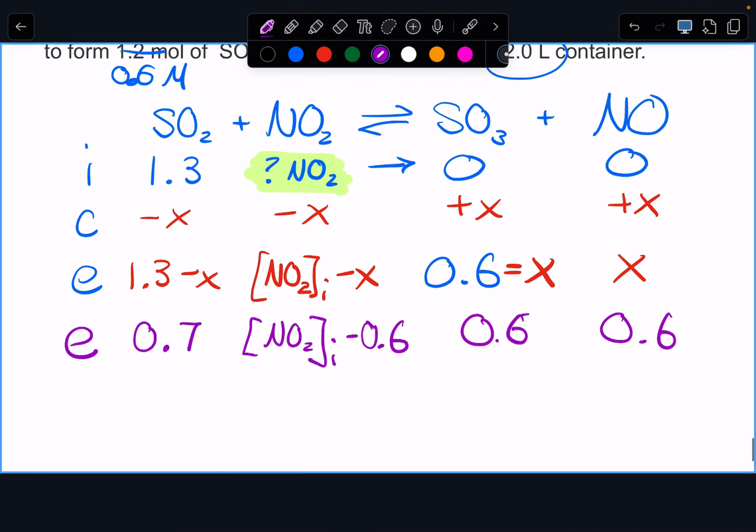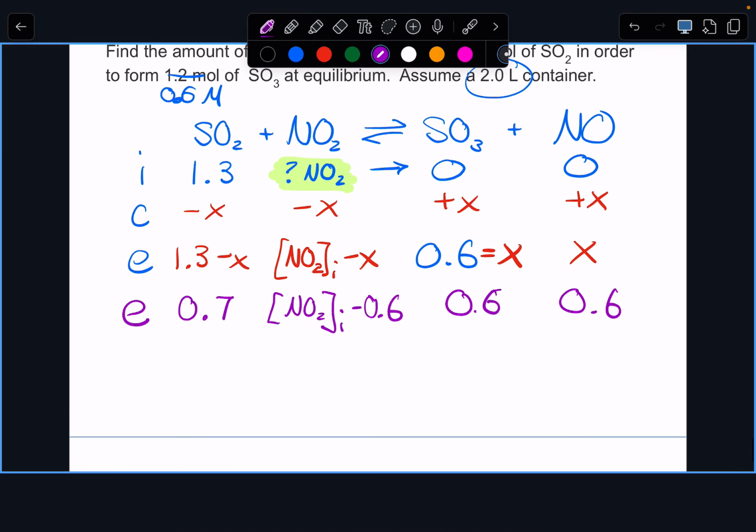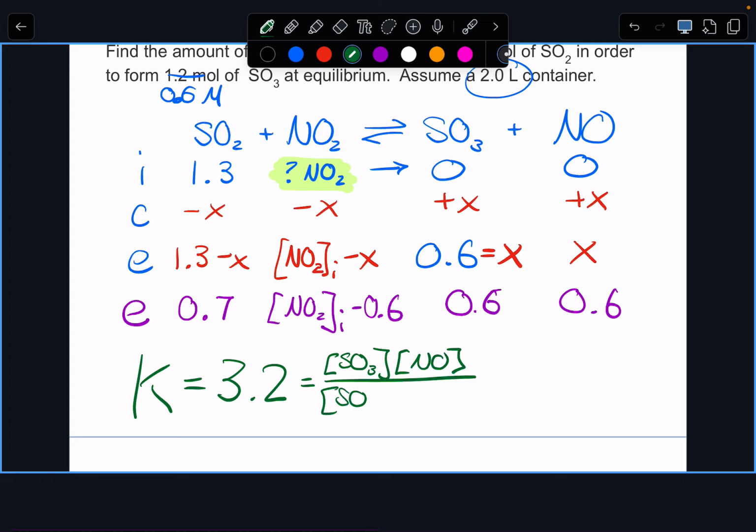So K is equal to 3.2, which is NO times SO3 over SO2 times NO2. There's no coefficient, so it's very much just plugging in the values. I'll write it out symbolically just so there's no confusion.